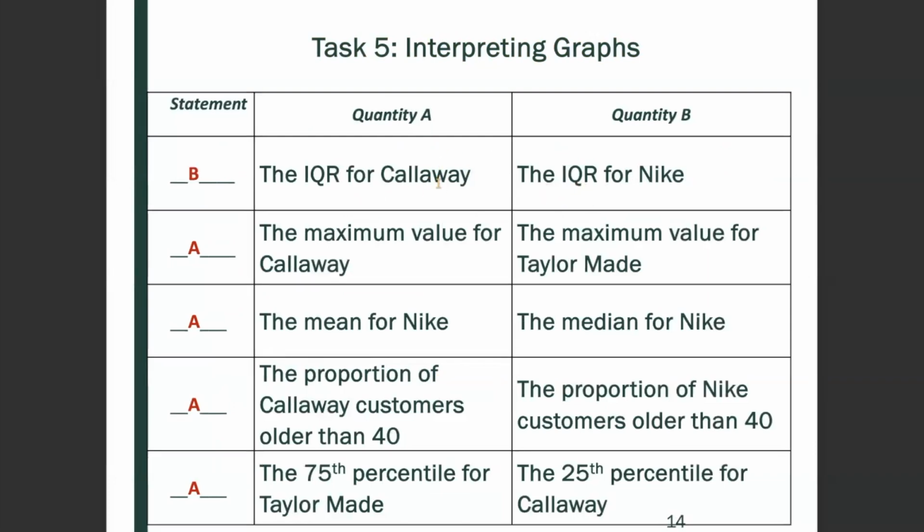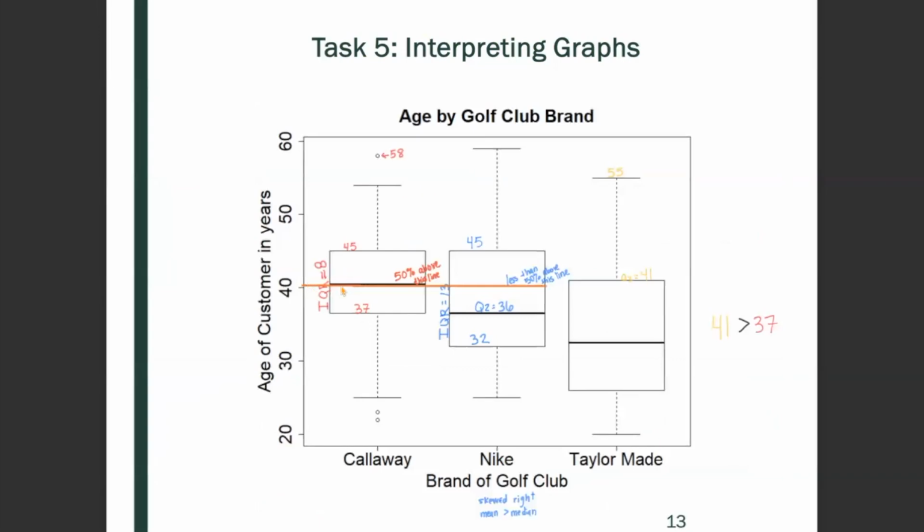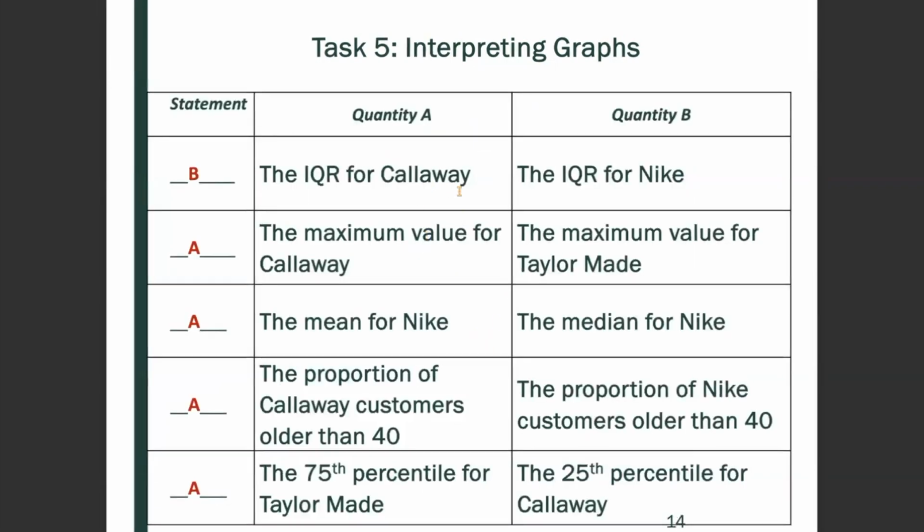So we want to see which quantity is larger, or if they are equivalent, or if the relationship cannot be determined. So first, we are comparing the interquartile range for Callaway and for Nike. So the interquartile range, again, is quartile 3, or the upper quartile, minus the lower quartile. So the 2 brands, again, that we're interested in are Callaway and Nike.